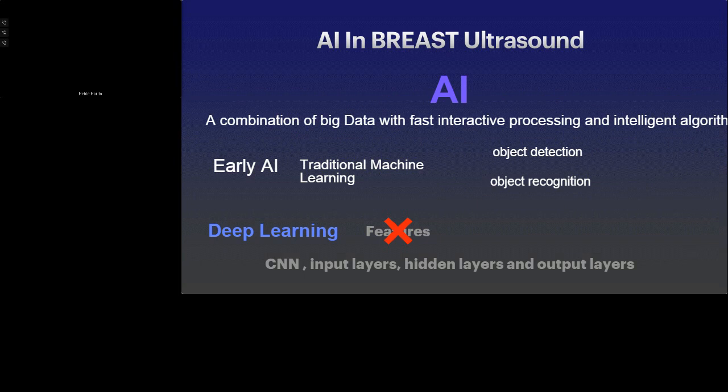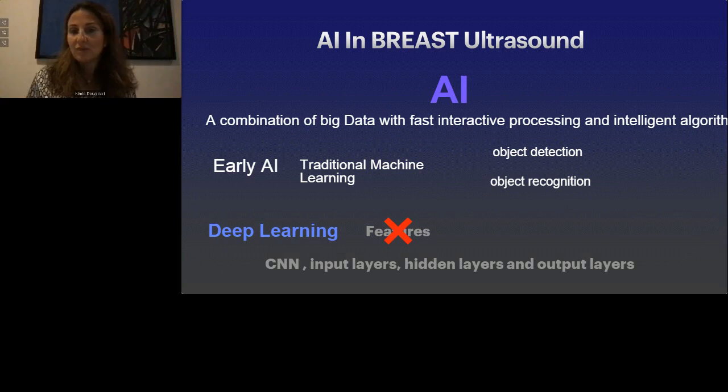A sort of early AI, which does object detection, object recognition. Deep learning is far different. It doesn't deal with features. It doesn't deal with rules set by humans. It carries on its own very complicated analysis, combining neural networks, input layers, hidden and output layers.